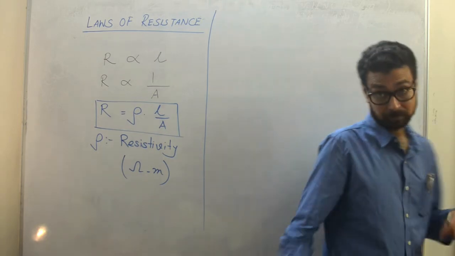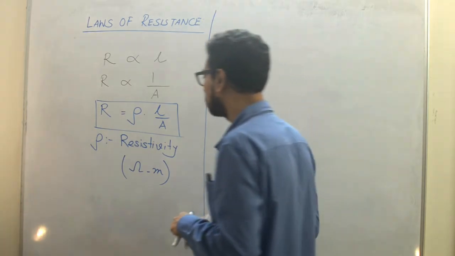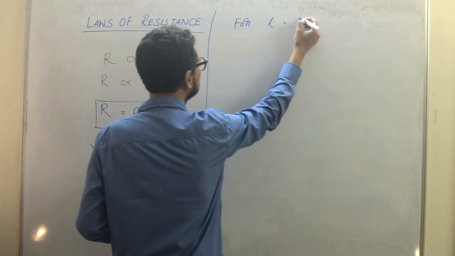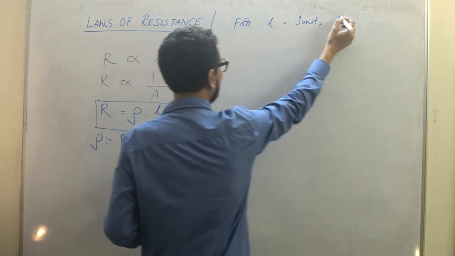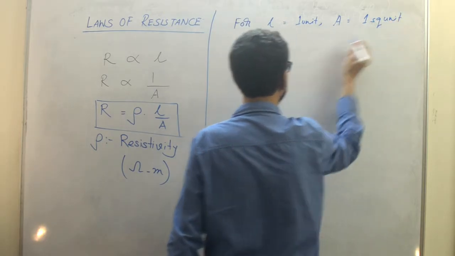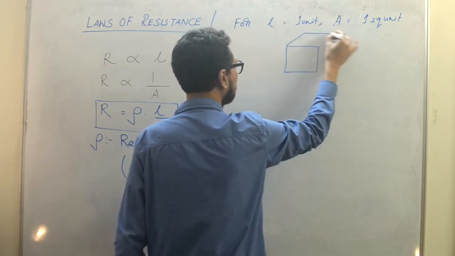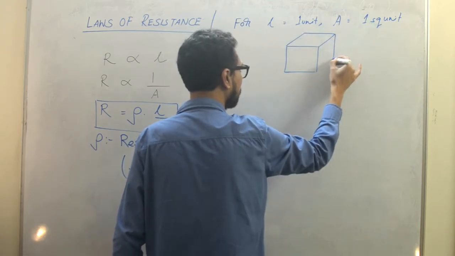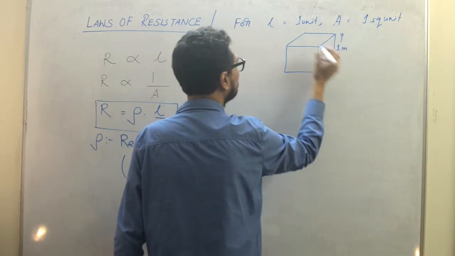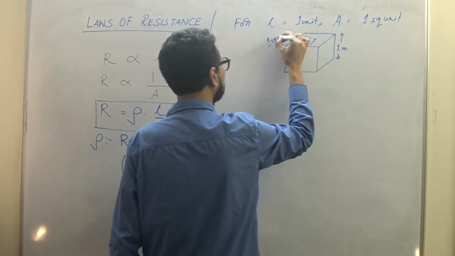All right, so we know what resistivity is, but we have to understand exactly the expression. For L equals 1 unit and A equals 1 square unit, I mean, if you imagine a cube of side 1 unit and the area of cross section to be 1 unit, I mean, if everything is 1, say 1 meter, then this area is definitely 1 square meter.